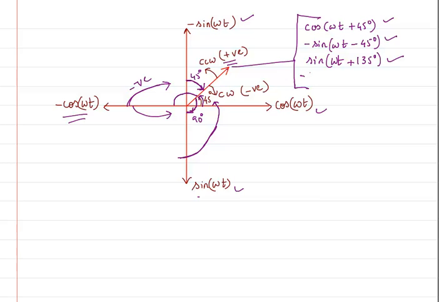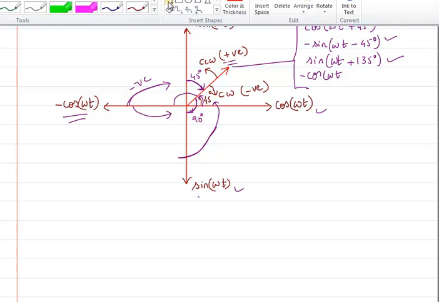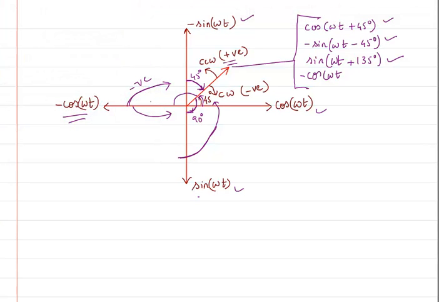So I write minus cos omega t, which I got from here, and the angle traveled is 90 plus 45, which is 135 degrees, so it is minus 135 degree. This is also a correct form.